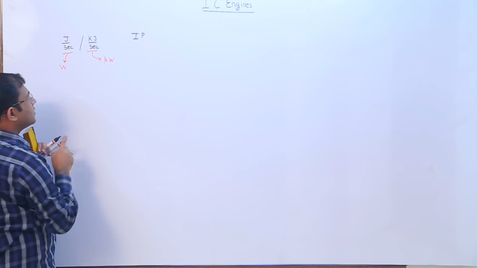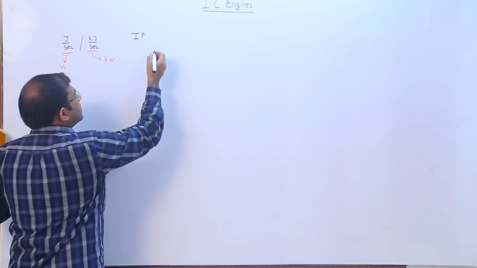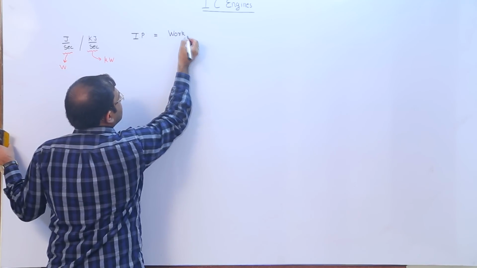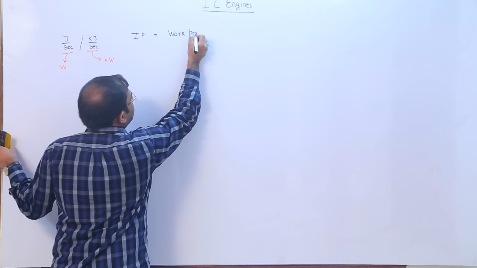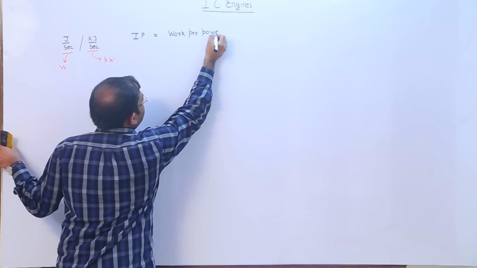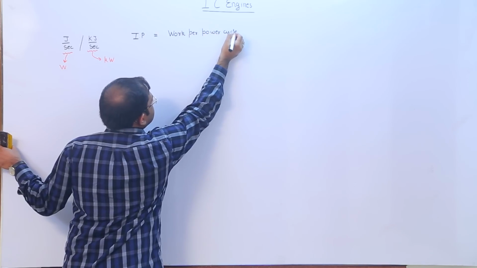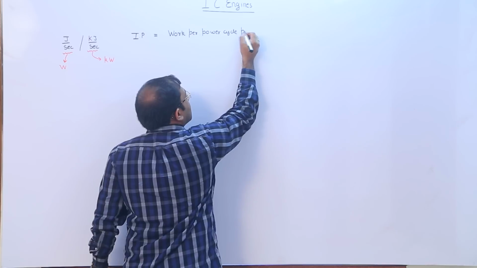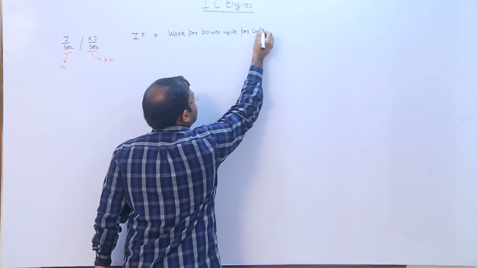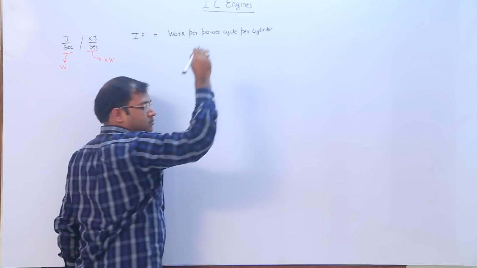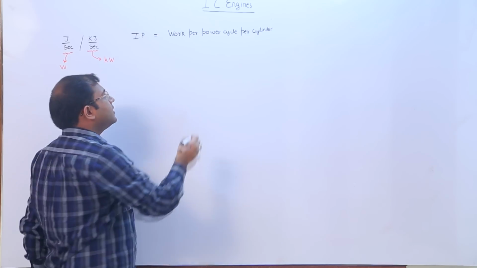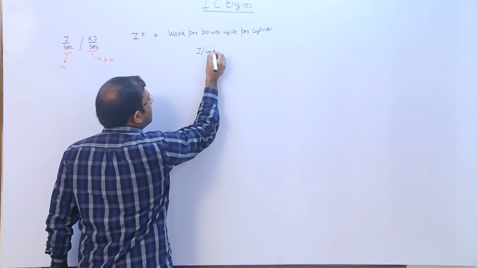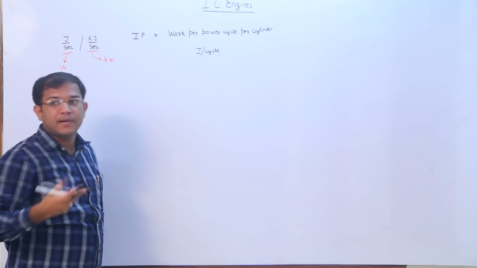Now see students, indicated power is written as work per power cycle, work per power cycle per cylinder. Fine. And here the units are your joule per cycle.